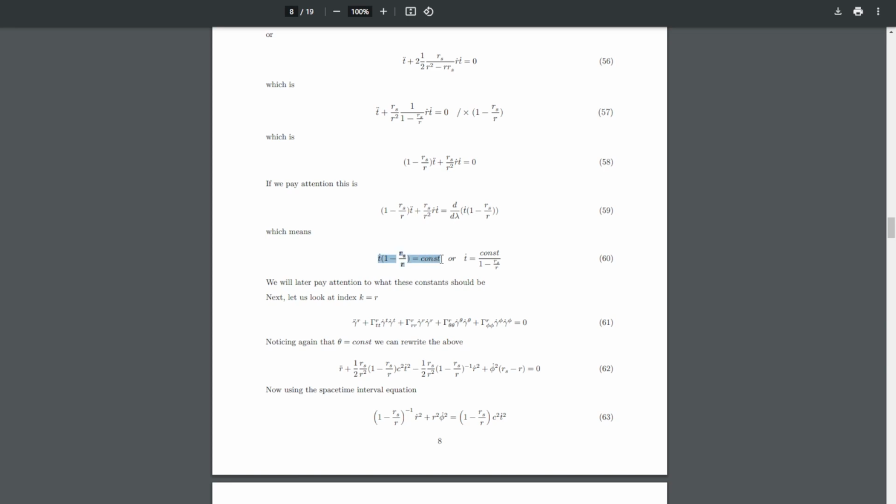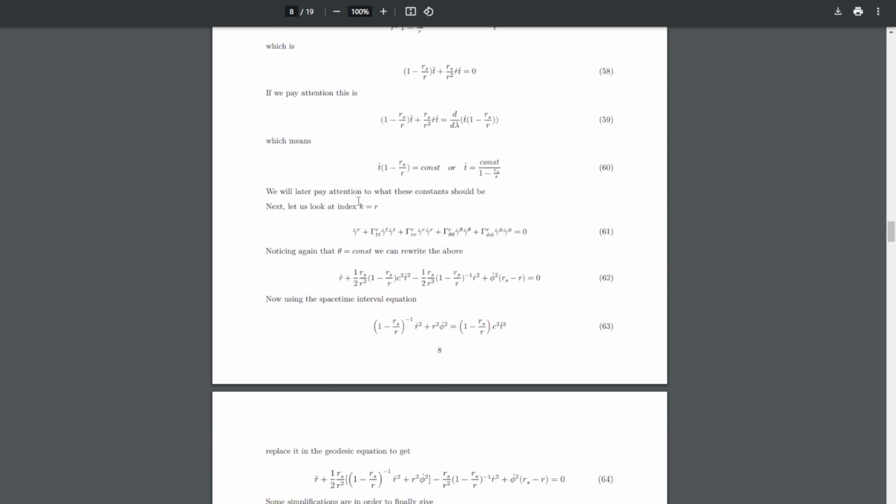We will get actually this equation. But now then, this is the first equation of motion. t dot equals constant over 1 minus rs over r. What we are differentiating with here is the lambda, which is the affine parameter that is describing the path of the parameterized photon curve.